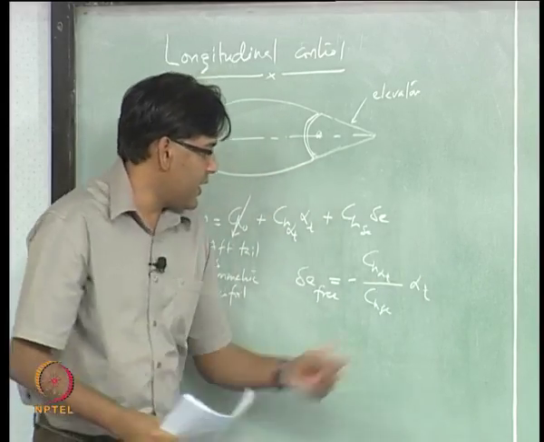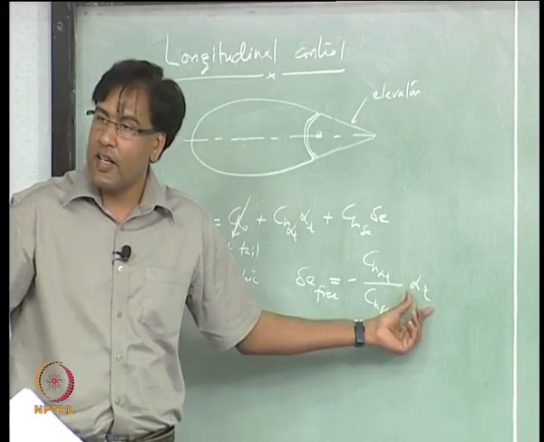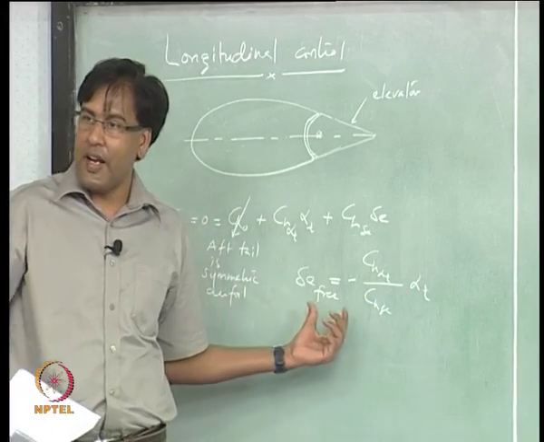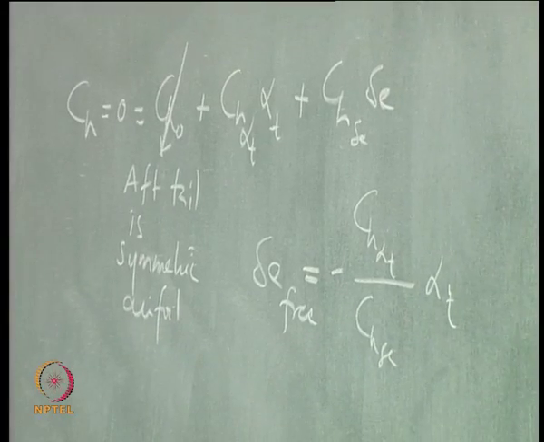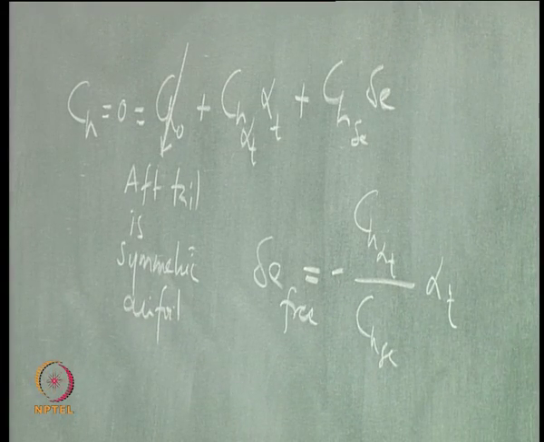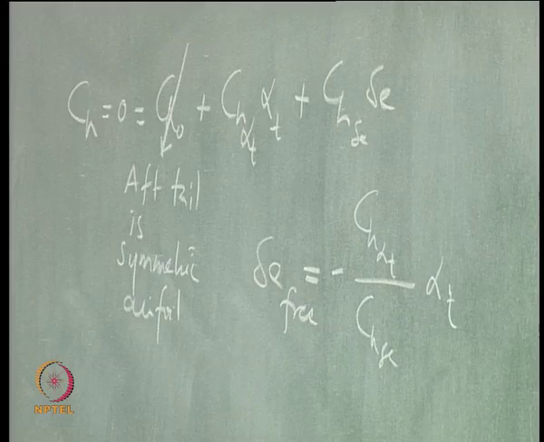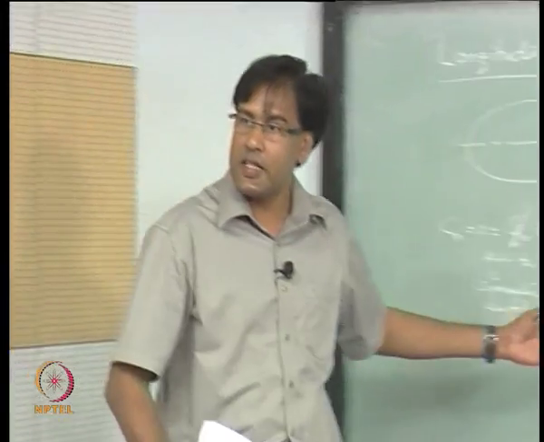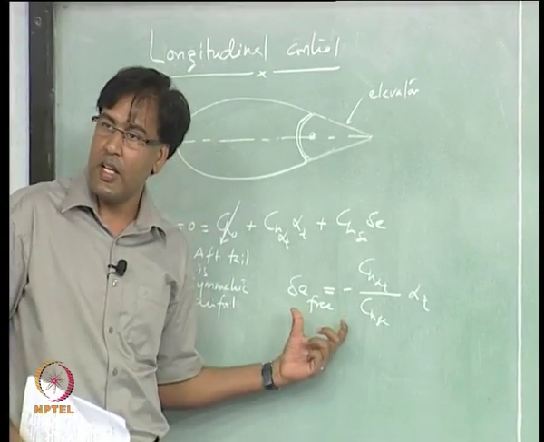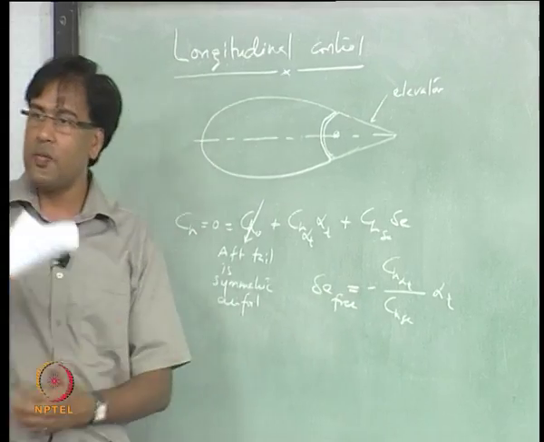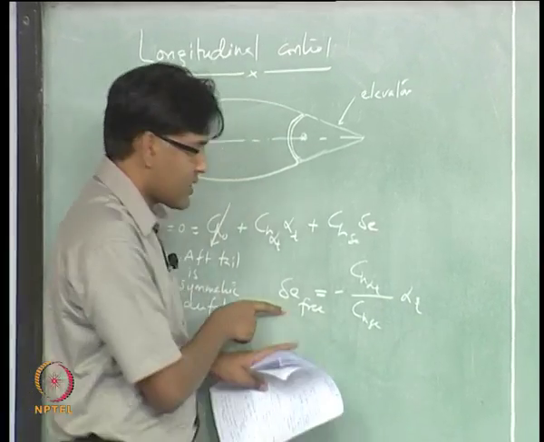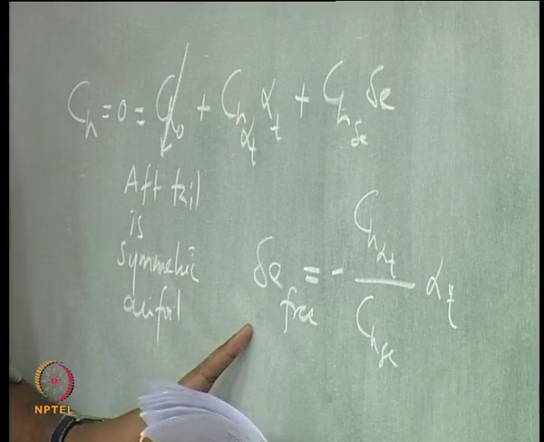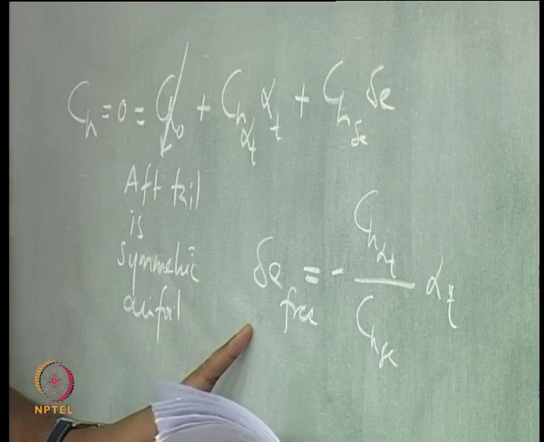So, for every angle of attack at the tail, you can find a delta E free, right, and if I want to now start using the elevator, applying the stick force, what it means is you are not applying any stick force here, right, the elevator has automatically assumed that position, isn't it. So, for alpha t which is positive, this delta E free is negative, which is upward, right.